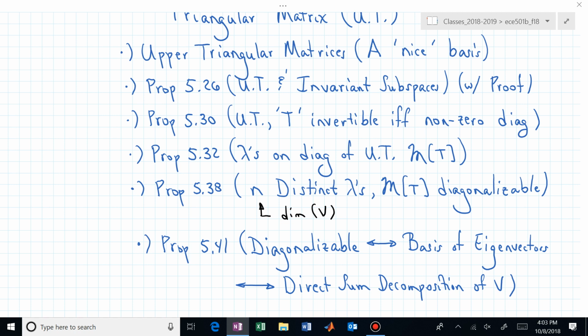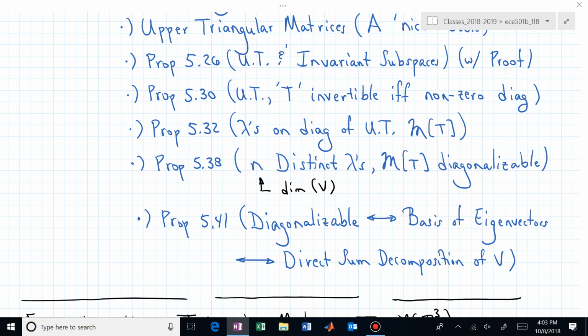When is it diagonalizable? When can we have the upper part and the lower part all zero? And that's in a case where we have n distinct eigenvalues, and n is equal to the dimension of the vector space V.